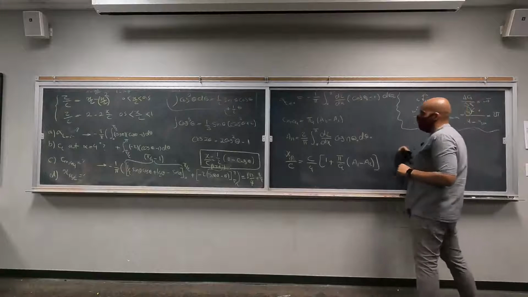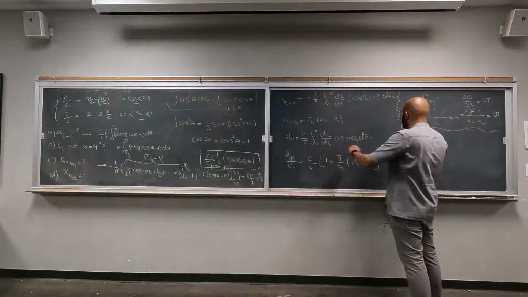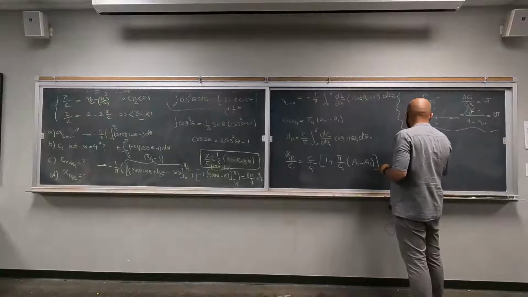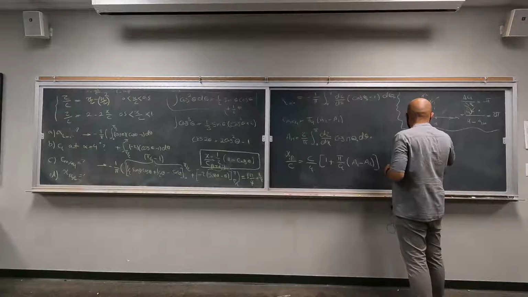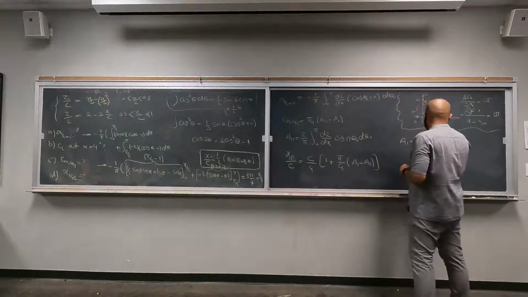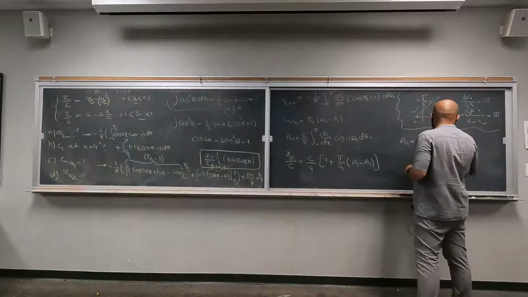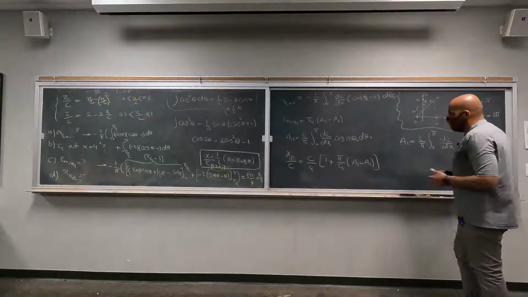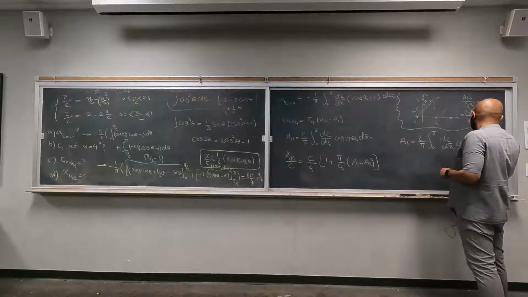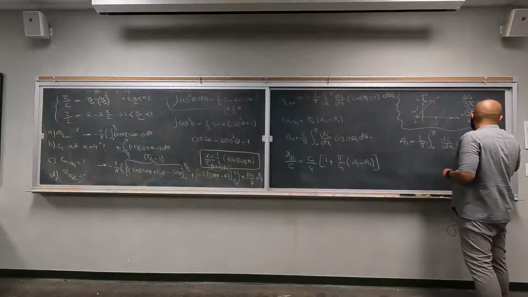A1 is going to be 2 over pi, integral from 0 to pi of dz/dx, n is 1, so cosine of theta naught, d theta naught.